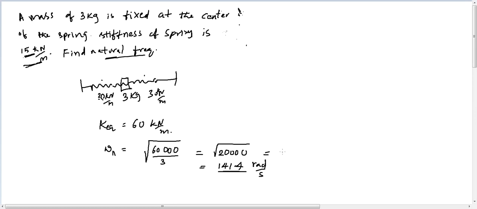It is because root 2 into 100. If we want it in terms of hertz or cycles per second, the frequency f is 141.4 by 2 pi hertz or cycles per second.